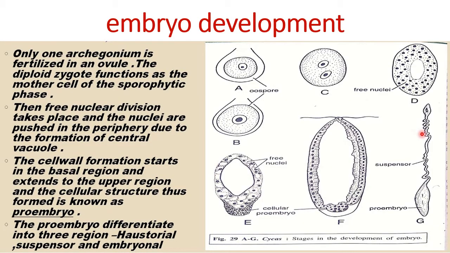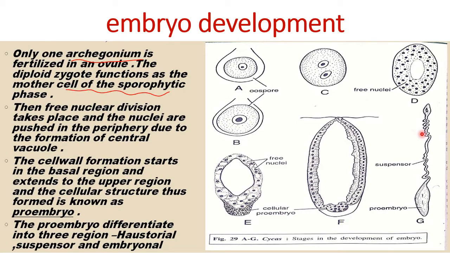After the process of fertilization, there is the beginning of embryo development, which we can learn here. In the previous slide you have seen two archegonia, but only one archegonium of one ovule gets fertilized. Thus the diploid zygote functions as the mother cell of the sporophytic phase.